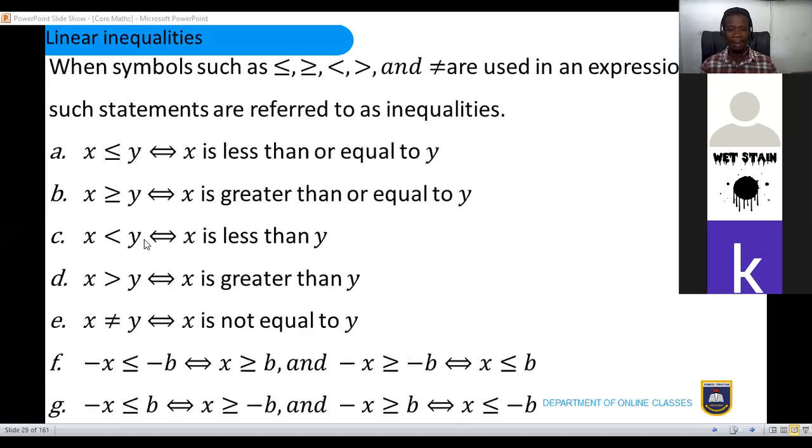So any number that is less than 2, for instance 1, 0, -1, -2, up to negative infinity, they are all numbers less than y.